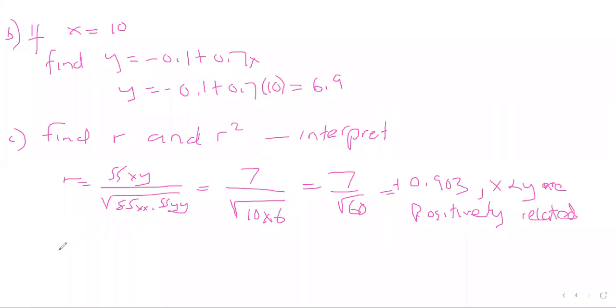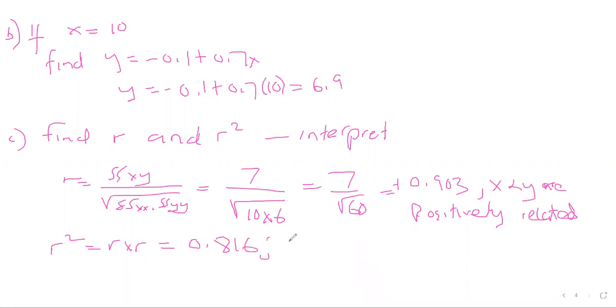Then if they ask you what is R squared, just square R or multiply R by itself. So R is 0.903. When you square it, you get approximately 0.8165.